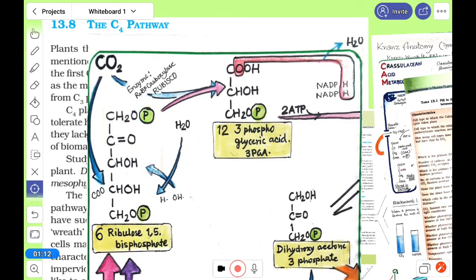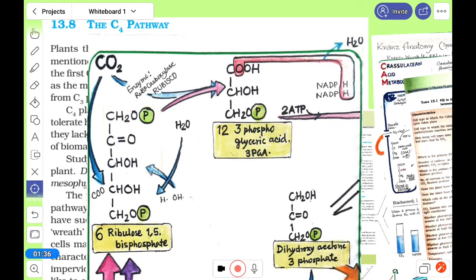Let us take a look at the C3 cycle, the Calvin cycle. Here the carbon dioxide is taken by ribulose 1,5-bisphosphate, and the first stable product is 3-phosphoglyceric acid, which has carbons 1, 2 and 3. So this is the C3 cycle.